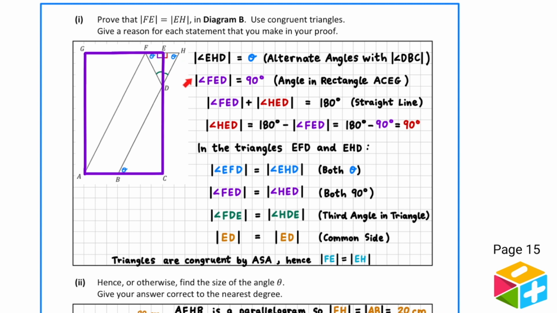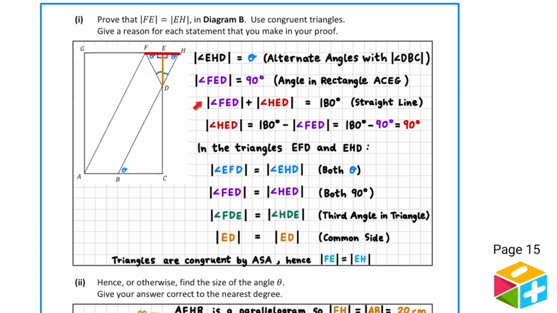We're told that ACEG is a rectangle. This means that the angles in each of the corners must be 90 degrees. In particular, the angle FED will be 90. We know that FH is a straight line.